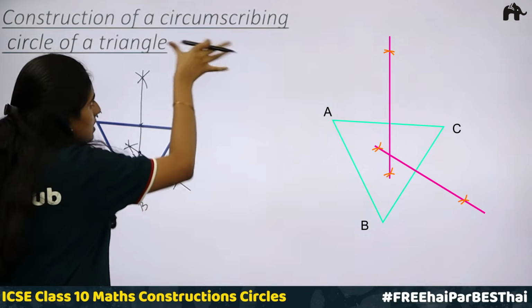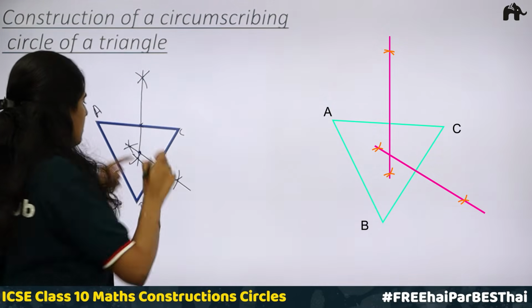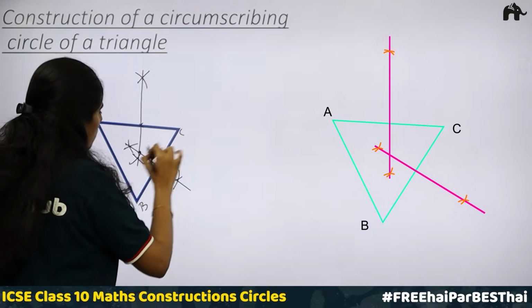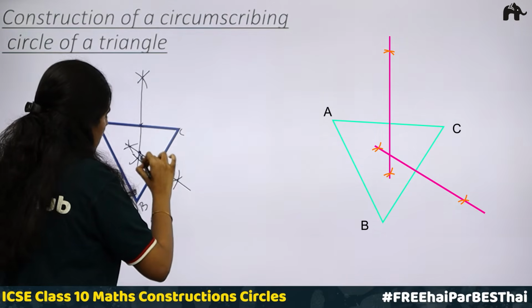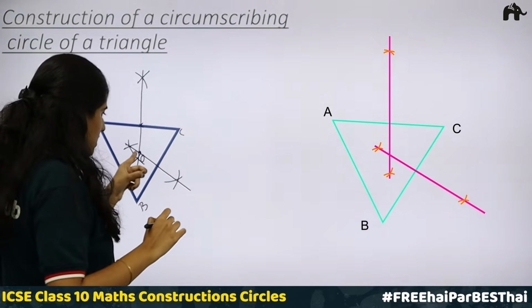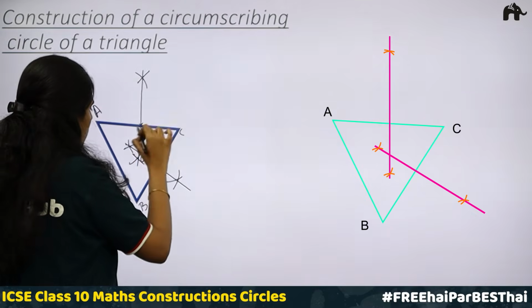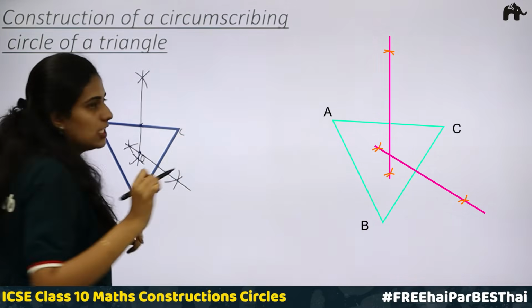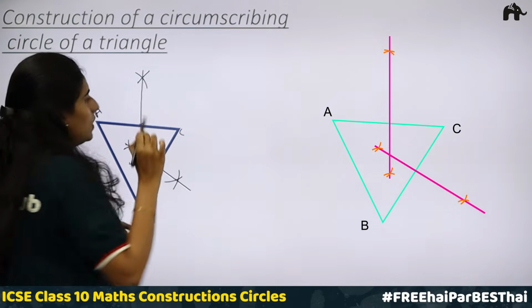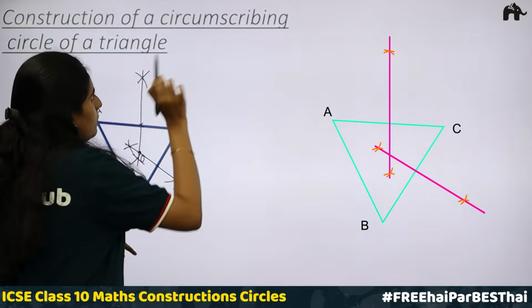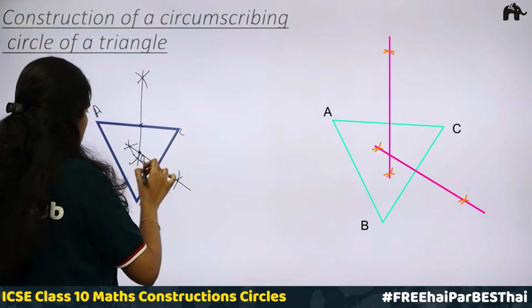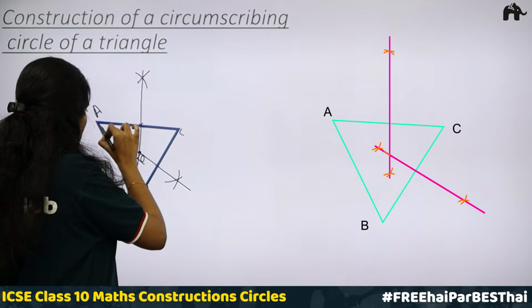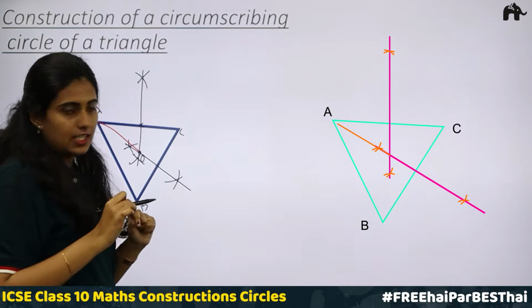Now, in order to construct this circumscribing circle, we can take OA, OB or OC as a radius. We have center at O. Taking OA, OB or OC as radius, we just need to construct a circle and the circle will be the circumscribing circle. I'm taking OA as the radius.